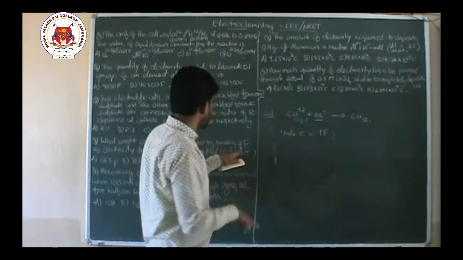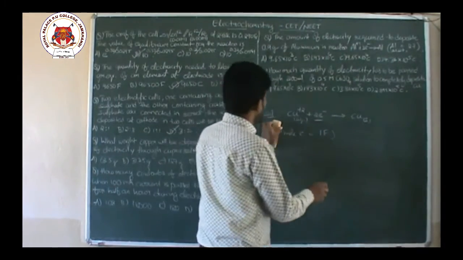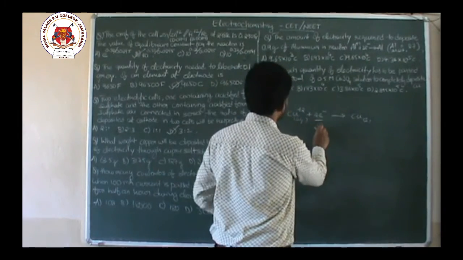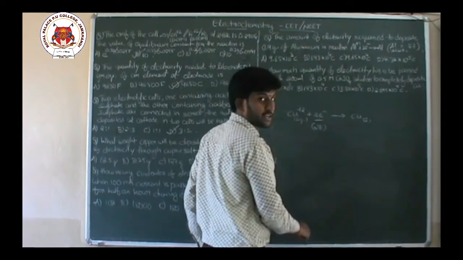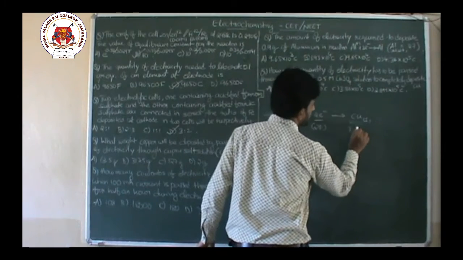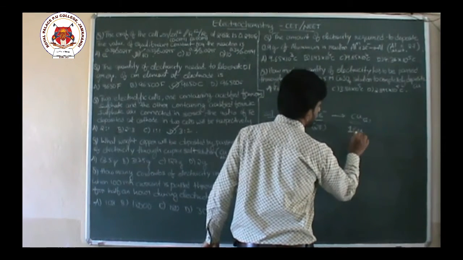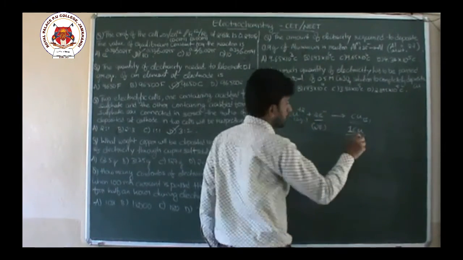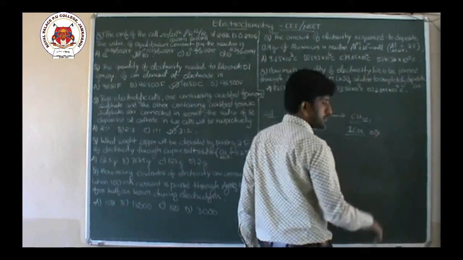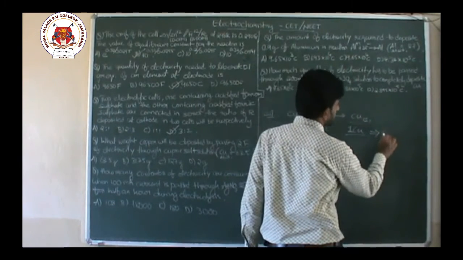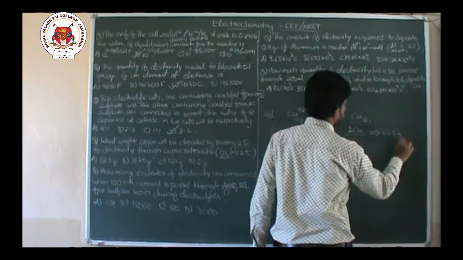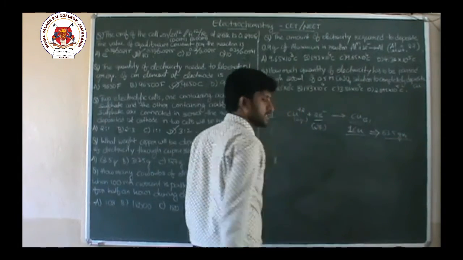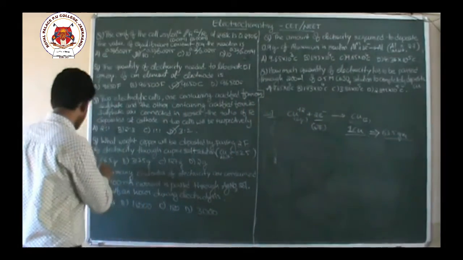In the question also they have given 2 Faradays. So if you are passing 2 Faradays of current, 1 mole of cupric ions gets deposited. 1 mole of copper weighs 63.5 grams. 63.5 grams is the answer.